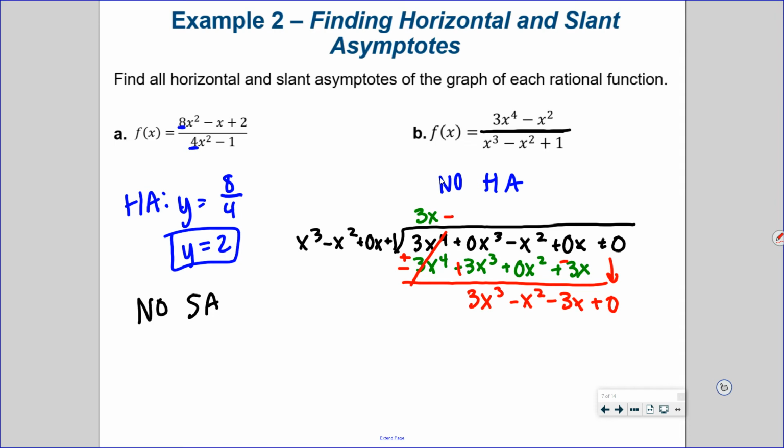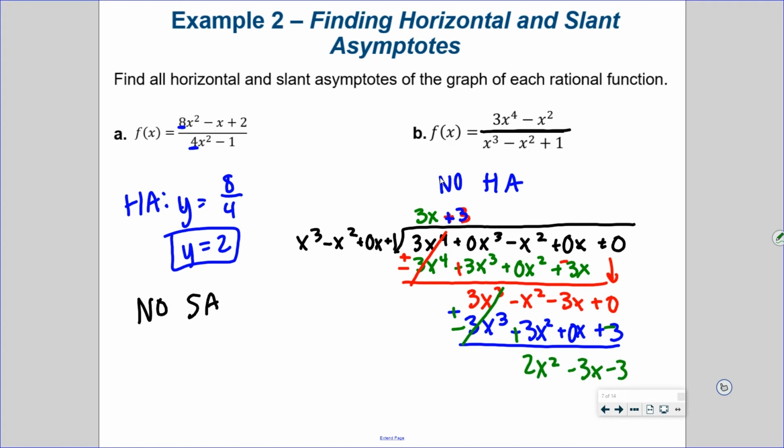All right, then what times x cubed would give me 3x cubed? That'd be 3. I'll use a different color. x cubed minus 3x squared plus 0x plus 3. And I'm getting 2x squared minus 3x minus 3.